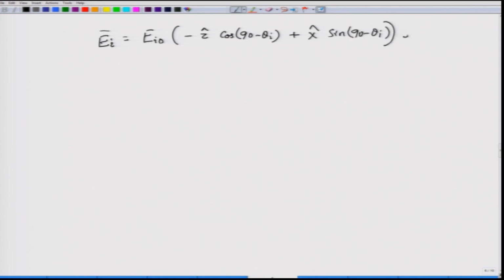You now need to multiply this with the phase factor e to the power minus j Ki dot r, where Ki dot r will be equal to Ki0 times z cos theta I plus x sin theta I. Why?